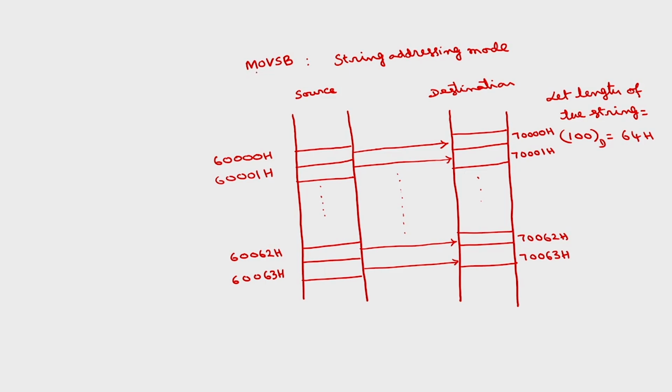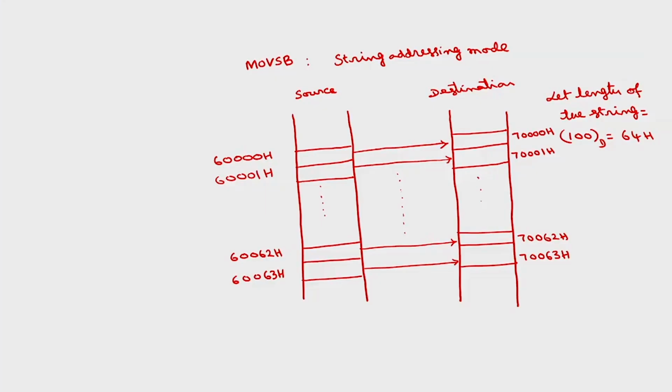If I write simply move string byte, before this we have to specify something. Before this instruction, this 64H has to be taken into the CX register only, always in string operations. CX, in addition to its general purpose operations, is also used as a counter register in string operations. So, you have to load this 64 onto CX as 0064H.